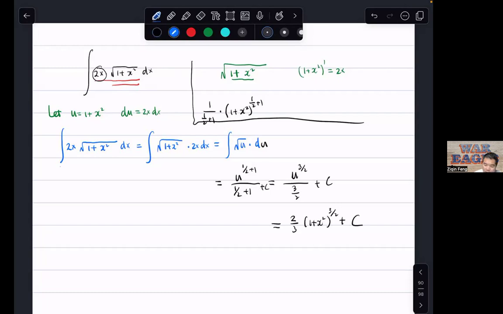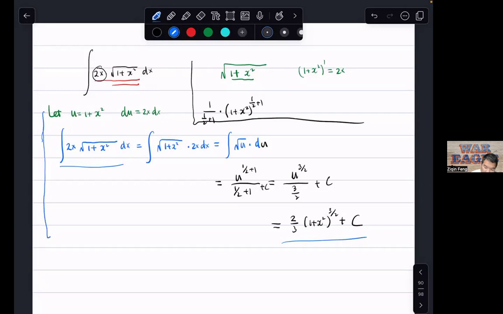So this is the way to evaluate this indefinite integral, right? Which we apply the chain rule in a different direction, the backward direction. We get the antiderivative. So the whole method is called u-substitution, because we always use u as our inner function notation.